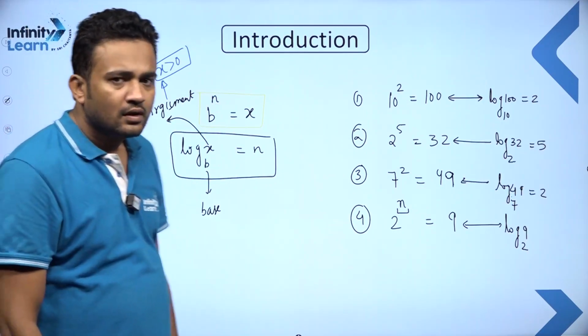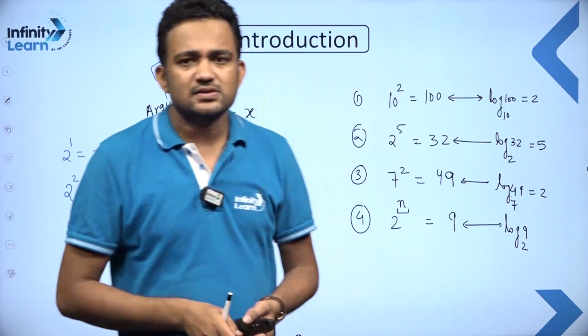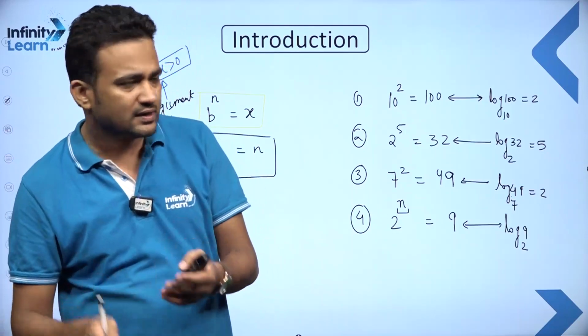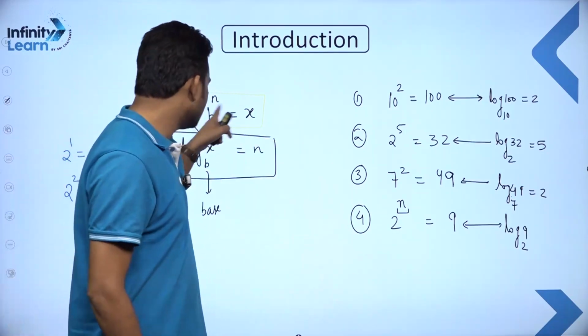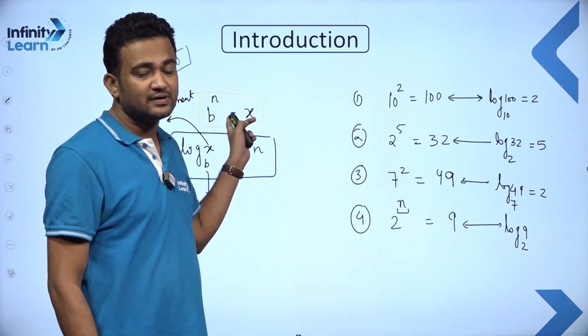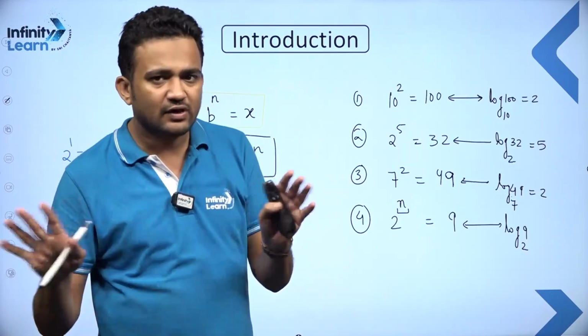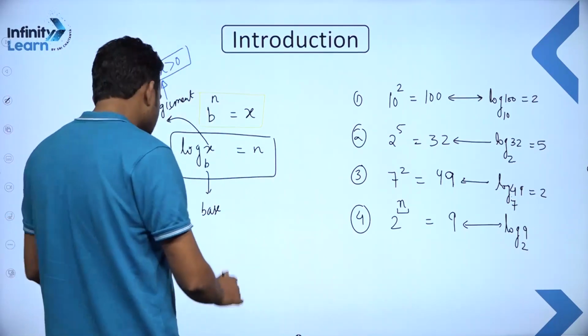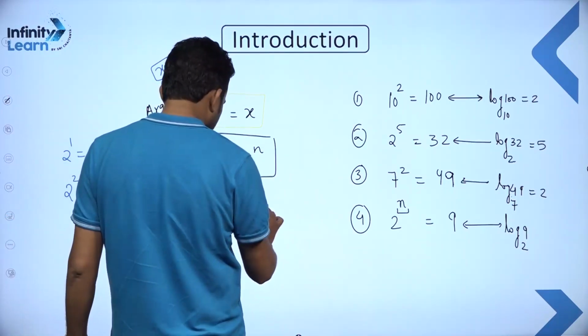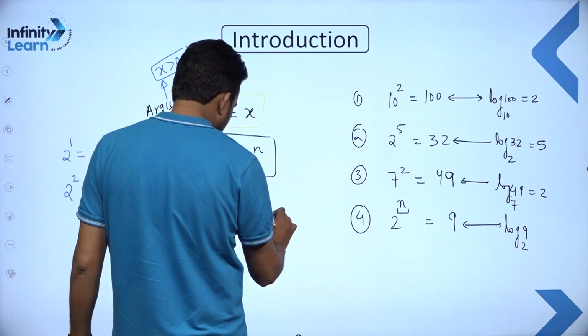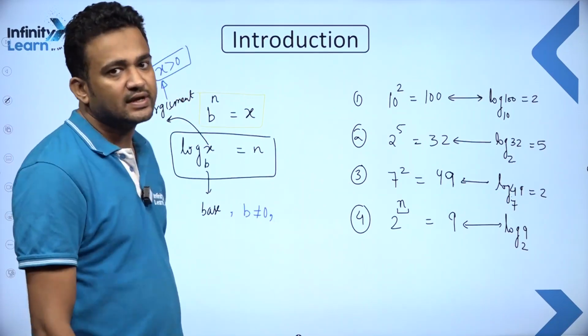Okay. What should be the condition on the base? That is b. For that, let us use this form. What is b? b is the base of this exponent. Can b be 0? No. Base cannot be 0. So the first thing is b cannot be 0. And what is the second condition, guys?